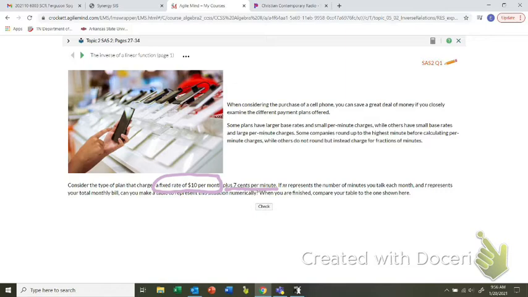It says to create a table that shows the relationship between the total number of minutes you might use each month, M, and your total monthly cell phone bill, which is T. So we're going to create a chart.